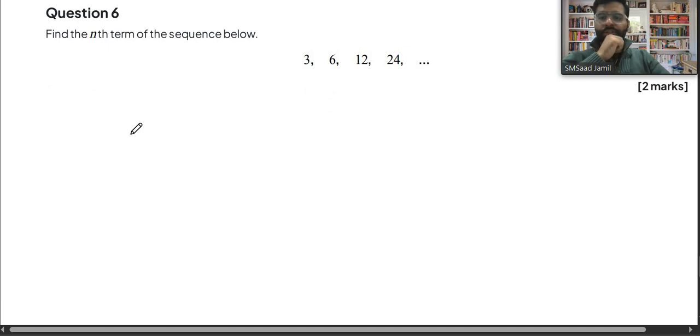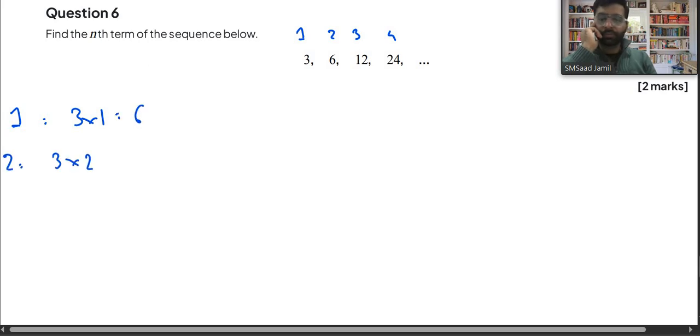Moving on to the next question, says find the nth term of the sequence. Alright, over here we have to find the nth term. So in this question, if you look, the first term, second term, third term, fourth term, the first term is like this, 3 multiplied by 1, right? The second term is 3 multiplied by 2. Sorry, this is 3, 6. Third term is 3 multiplied by 2 multiplied by 2, 12.